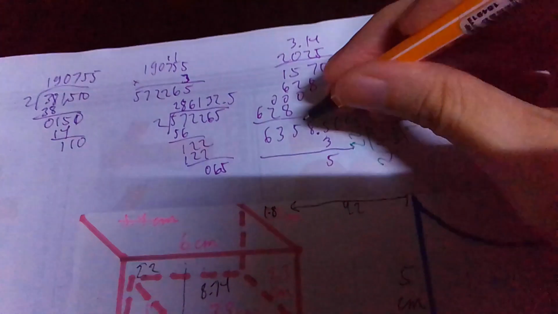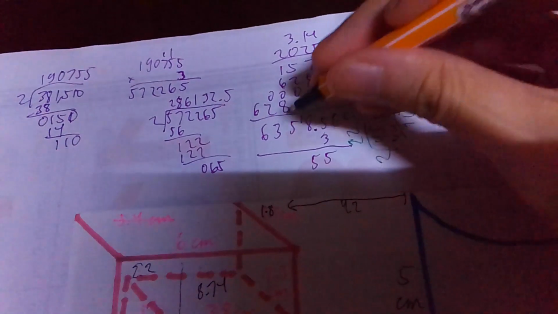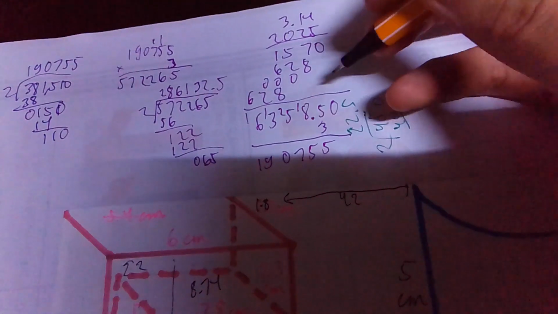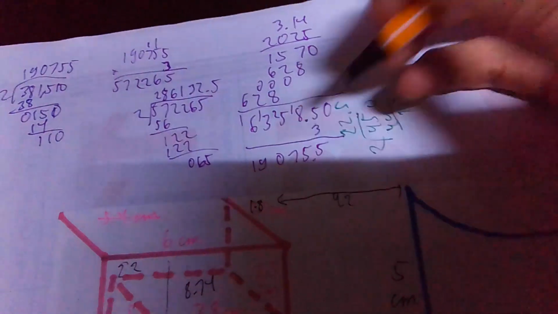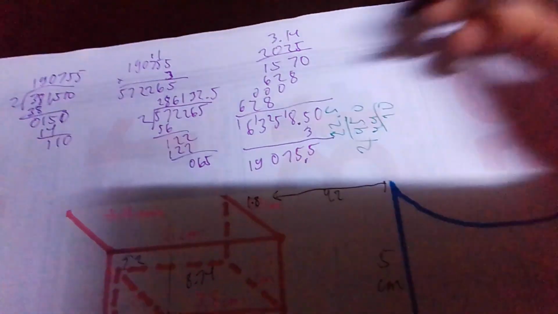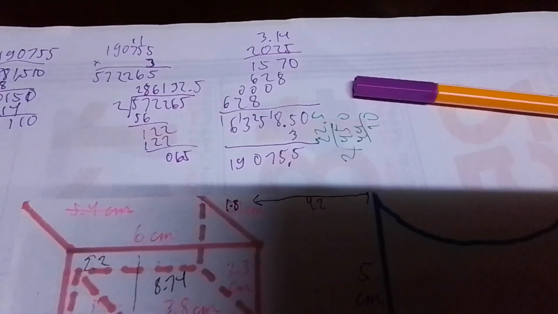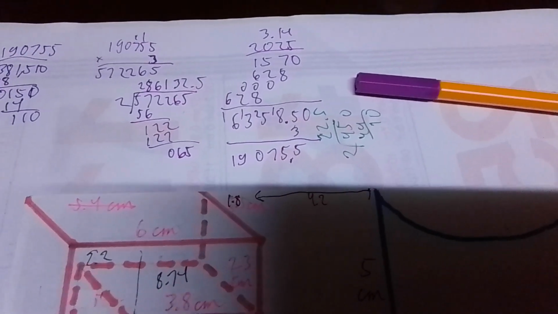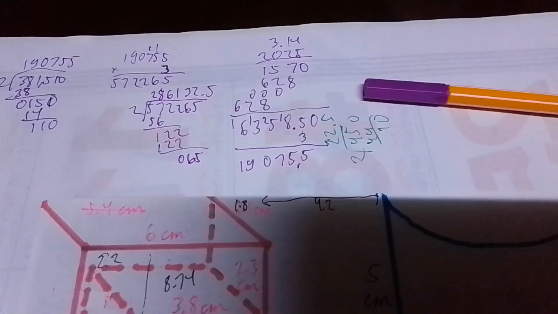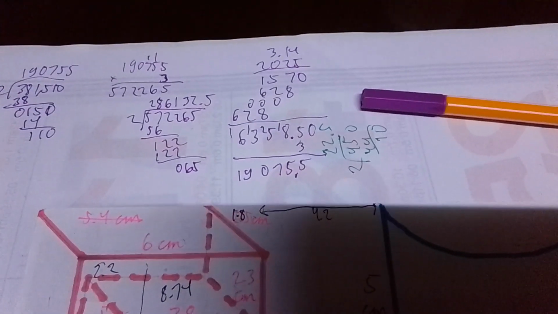So, 15, 25, 17, 10, 19. Teka, was that the same answer that we got before? 19,075.5 centimeters squared. Ano? Let's see with the calculator.